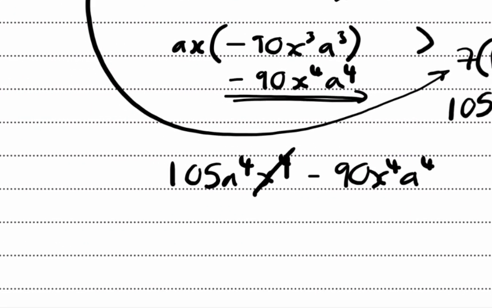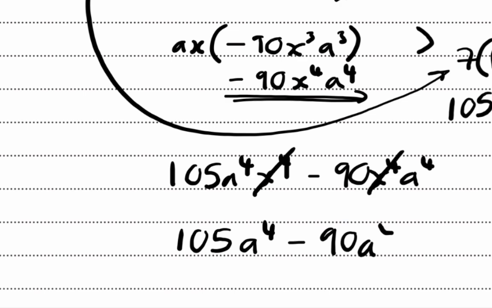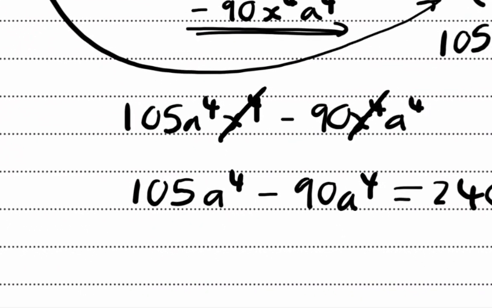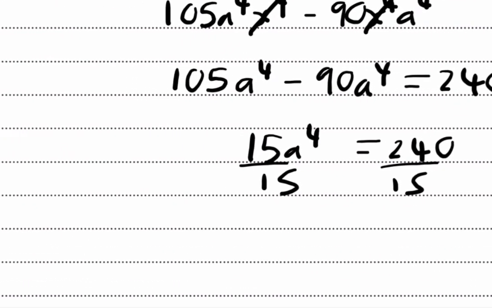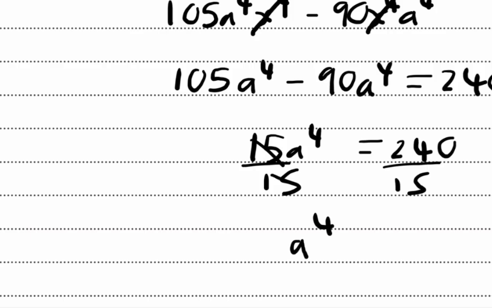So the coefficient would just be 105a to the power 4 minus 90a to the power 4, and this is equal to 240. So 105 minus 90, that's our 15a to the power 4 being equal to 240, and we divide by 15 both sides to get our a to the power 4 as 16.